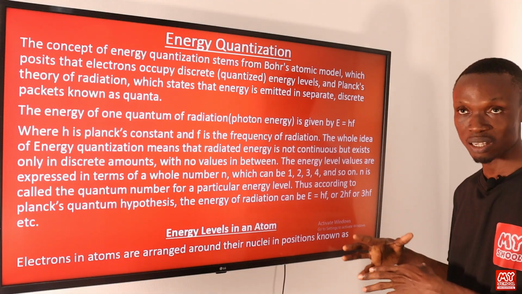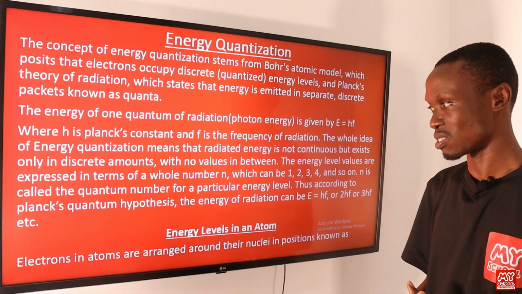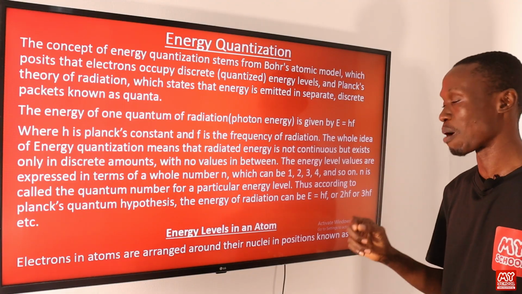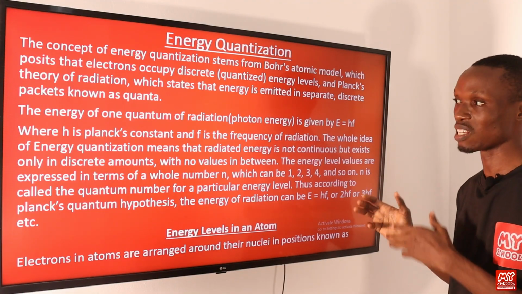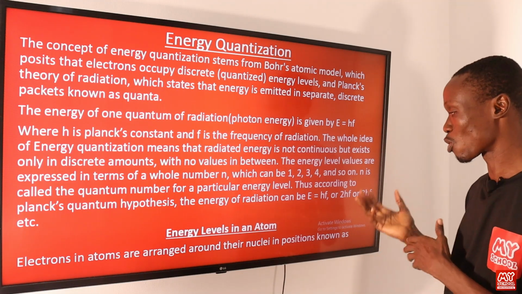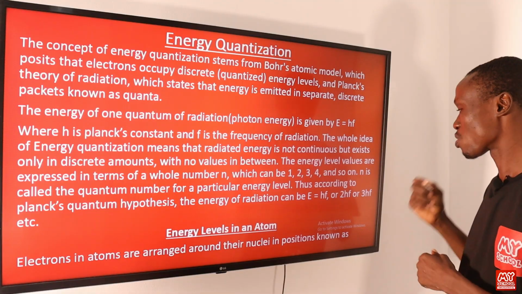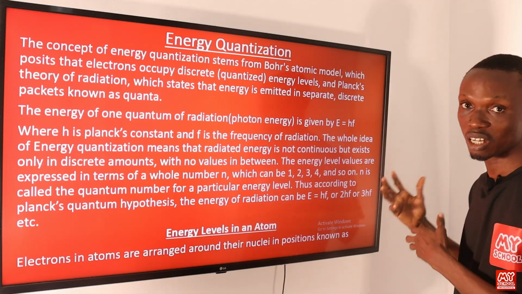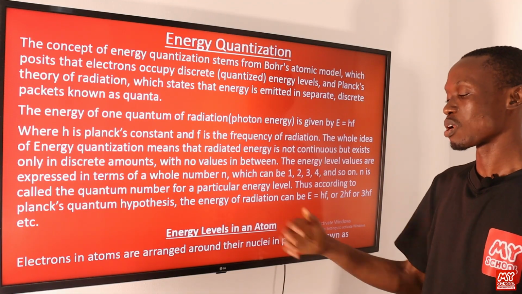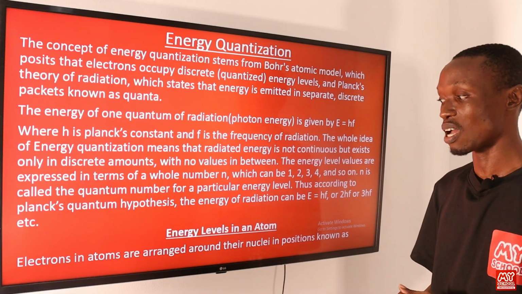Thus, according to Planck's quantum hypothesis, the energy of radiation can be E = hf for the first energy level, then 2hf for the second energy level, or 3hf for the third energy level, etc. Now let's talk about energy levels in an atom.